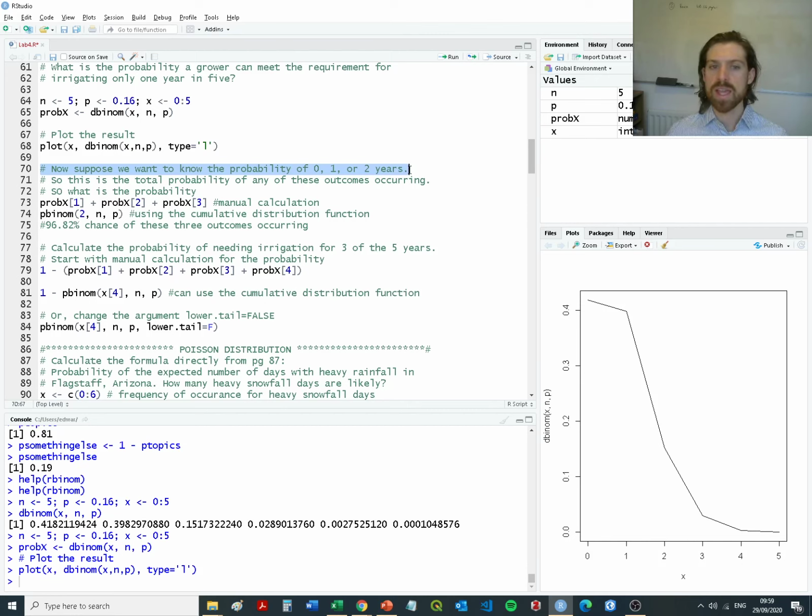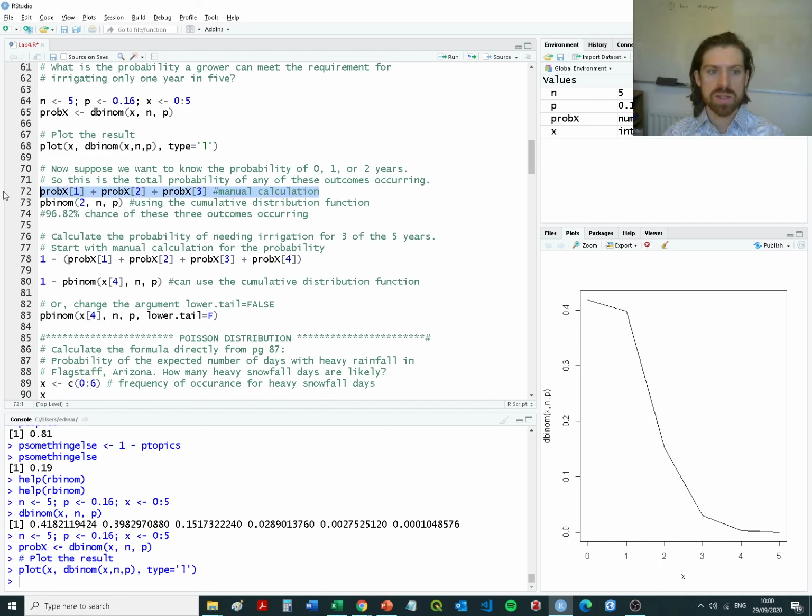So let's just say that we're interested in knowing the probability of the outcomes 0, 1, or 2 years actually occurring. So what's the total probability of any of these outcomes occurring? So if we go here, this is the manual calculation. You'll remember that we've entered prob x, so this is the vector of probabilities for each one of those years into the global environment.